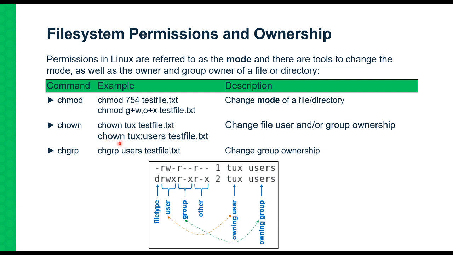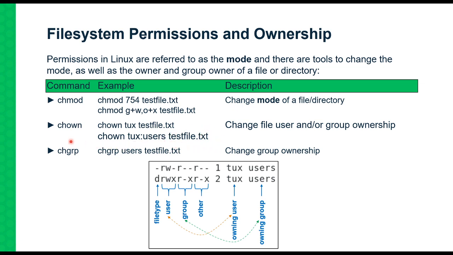Then we can change the user and the group all at once with chown tux, separated by a colon, and then the group name. We only have a users group on the system, and then the file name you'd like to change, or even the directory name you would like to change.